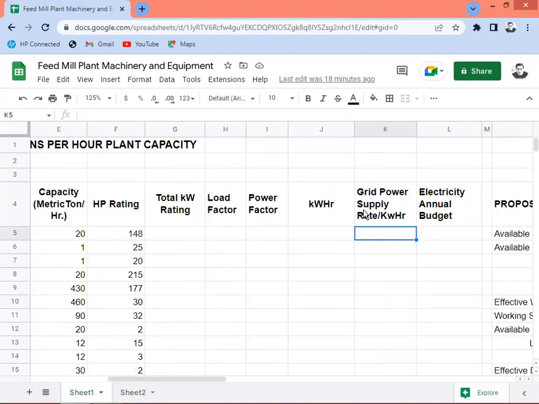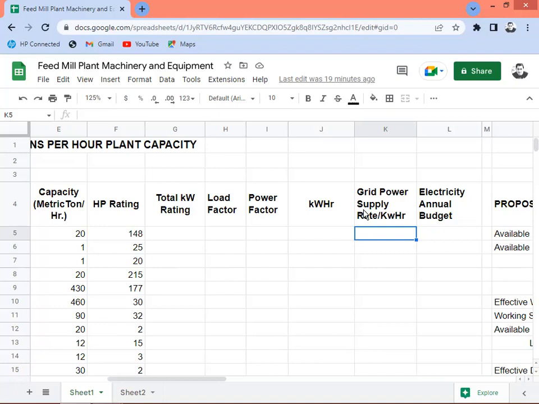Then we're going to have the grid power supply rate per kilowatt hour: how much the grid is charging us for every kilowatt hour of energy that we consume from the grid. That rate I'm going to give you later.